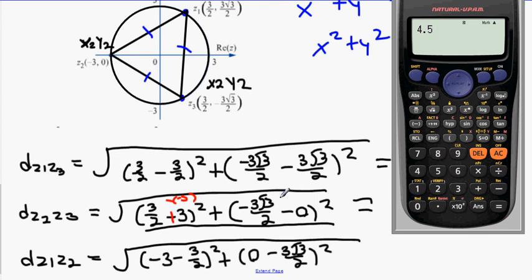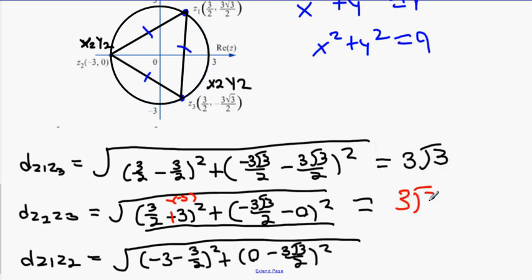So 1.5 plus 3 is 4.5. 4.5 squared plus bracket 3 root 3 over 2 squared, we get 27. Now the square root of 27, there we go, is 3 root 3. So that answer matches the second one.